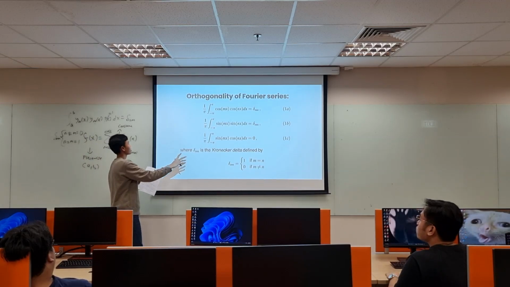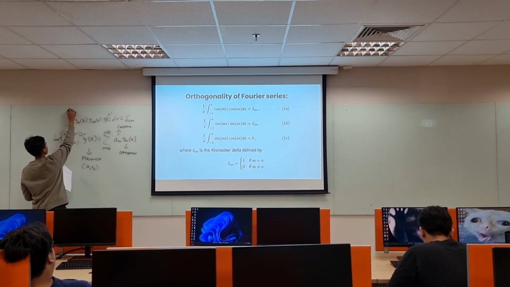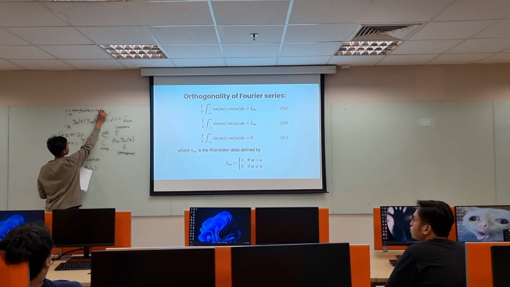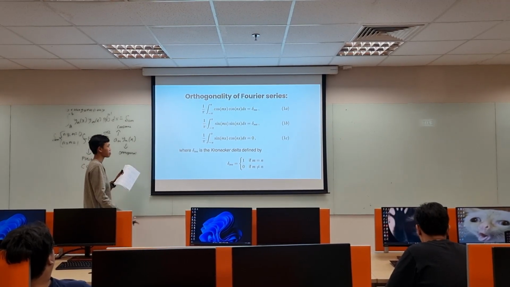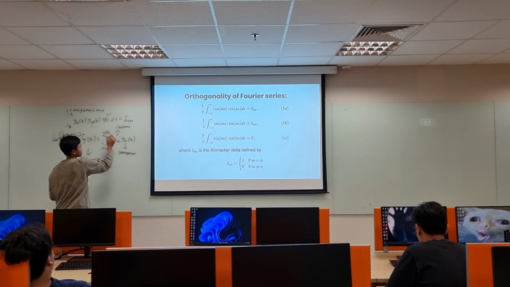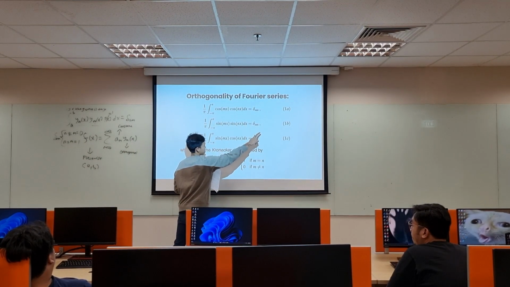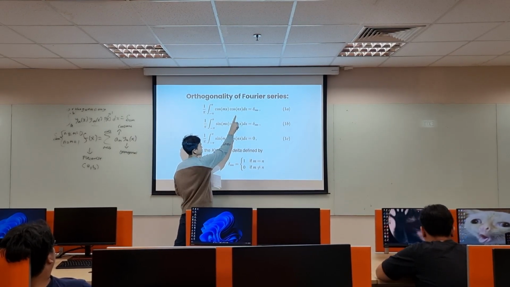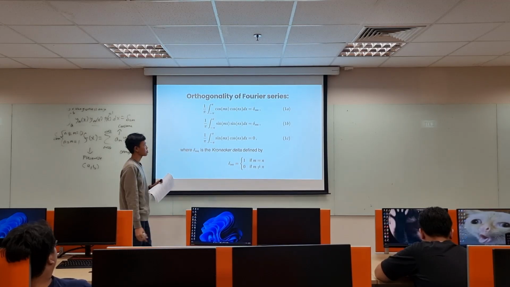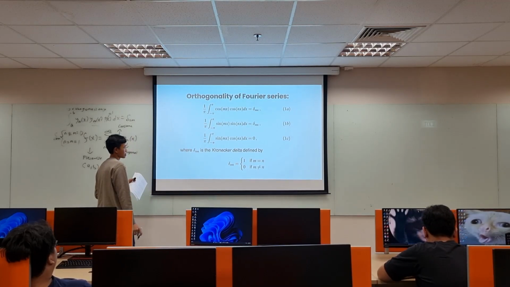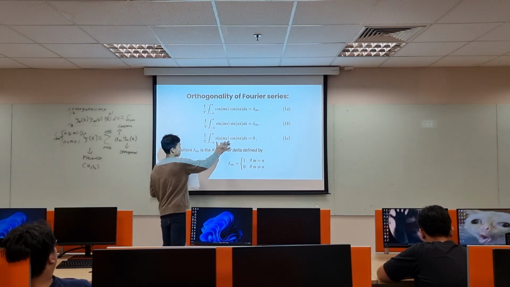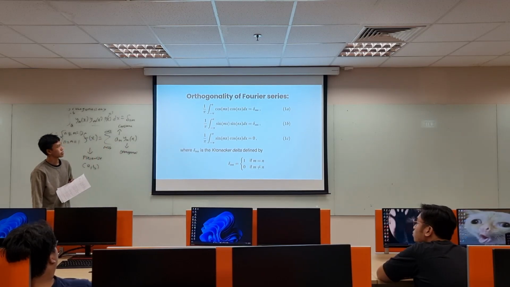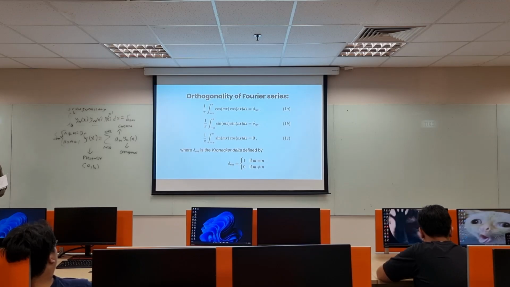Note that the Fourier series also has the orthogonality property. As can be seen, here are y_n(x) and y_m(x). If m and n are the same, it is 1. If not the same, it is 0. Basically, taking the dot product of orthogonal functions, and if it's not the same function, it is also 0. That's the property of the generalized orthogonal series.